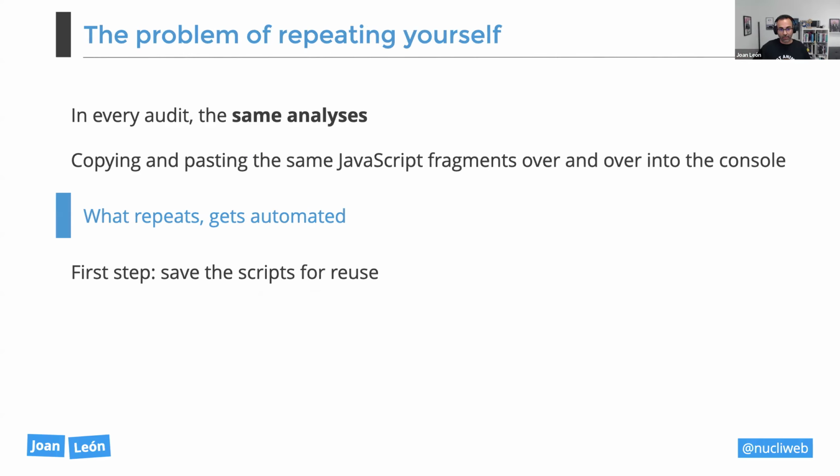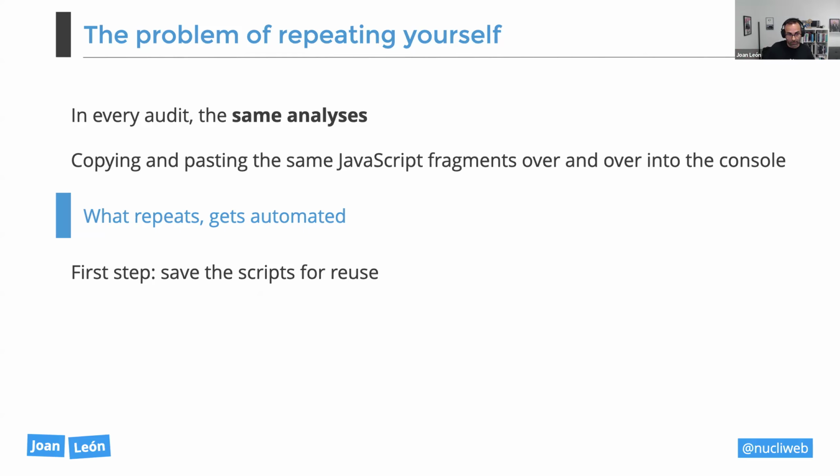The problem that I had is that in every audit, we have the same analysis and the same process. Copy and paste some JavaScript snippets or fragments to detect these issues. And of course, what repeats gets automated.